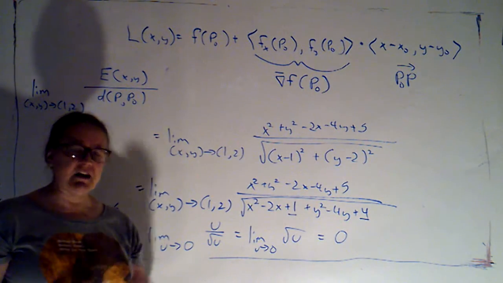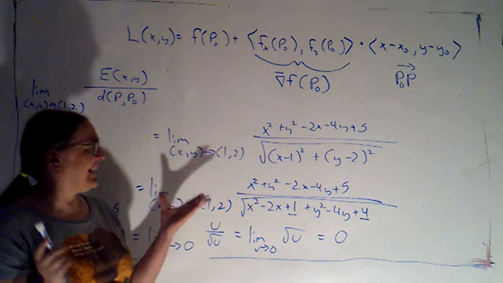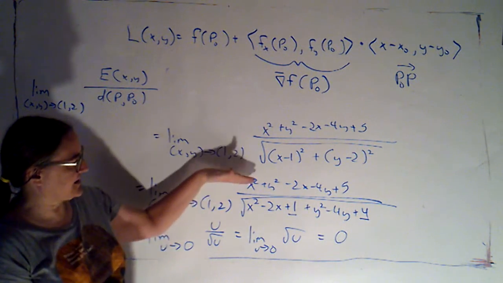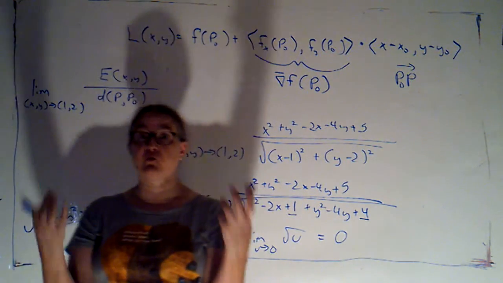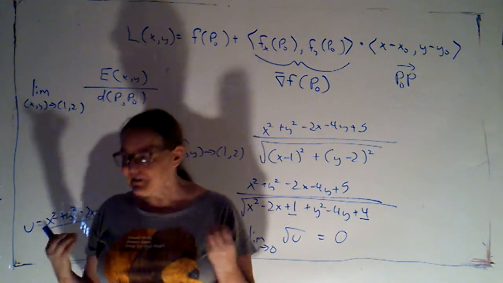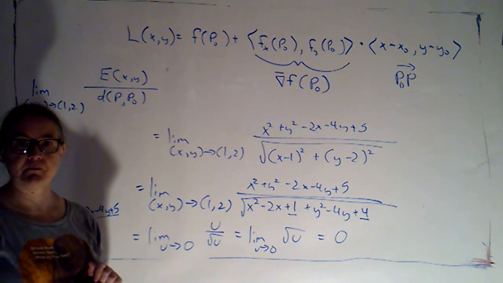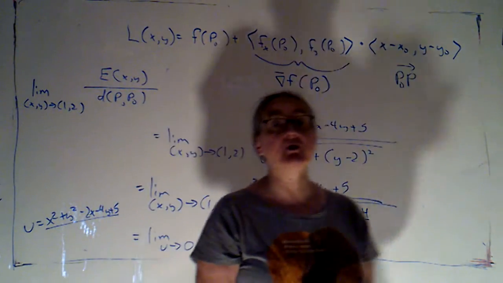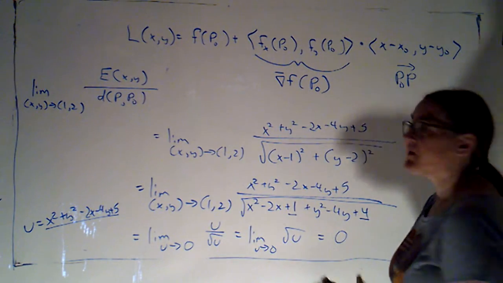If my function involved any exponentials, or any trig functions, or anything other than some pretty nice powers, I can imagine it's going to be very, very hard to simplify this limit. So the definition is great because it explains what is meant by differentiability. It illustrates that what we want is to have a good linear approximation of our function. But the definition, wonderful as it is, is not particularly user-friendly except for very specific subsets of functions.